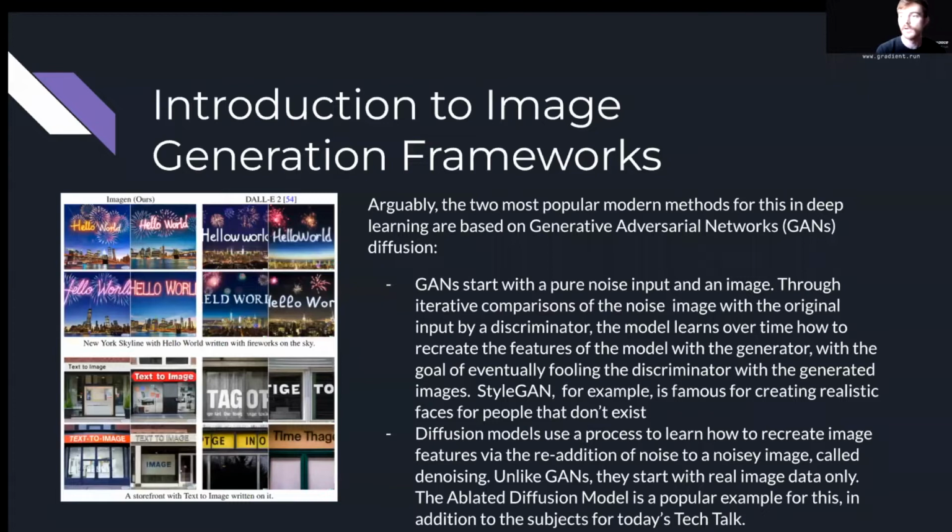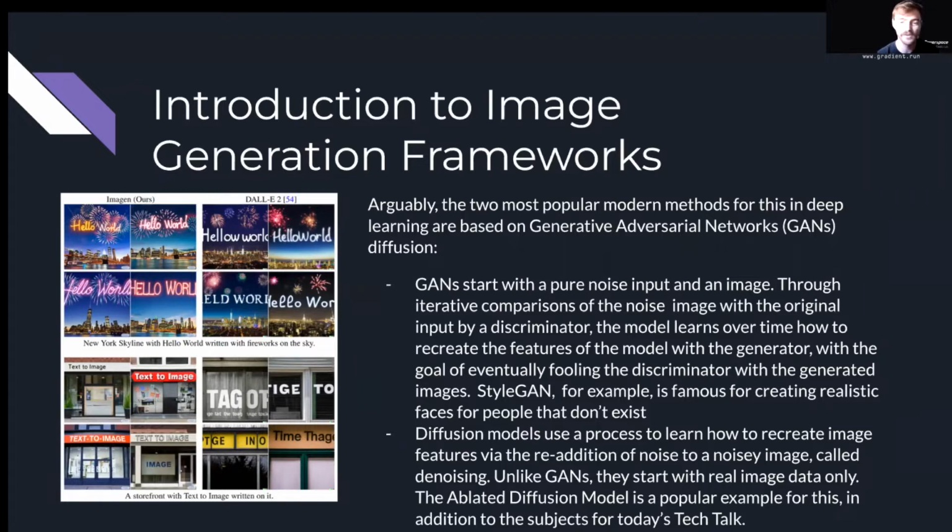Next. Arguably, the two most popular modern methods for this in deep learning are based on generative adversarial networks, or GANs, or diffusion. GANs start with a pure noise input and an image. Through iterative comparisons of the noised image with the original input by a discriminator, the model learns over time how to recreate the features of the image with the generator, with the goal of eventually fooling the discriminator with the generated images.